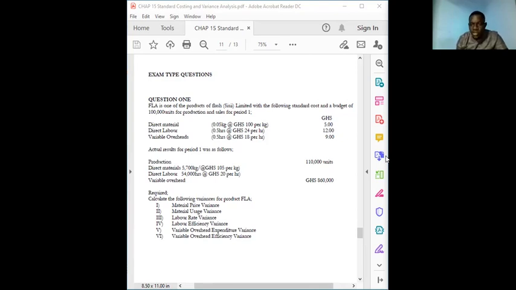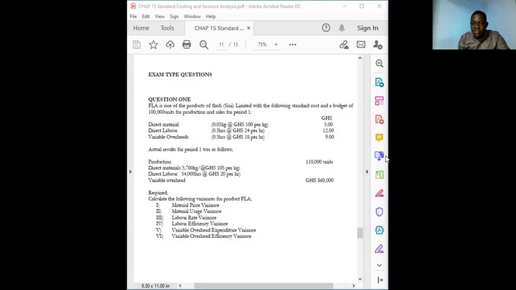So for material price variance, you can see that we bought the material at a price higher than the standard. The difference between this and that gives us 5, which is an adverse variance because we bought the material at a price higher than what we had planned. So the actual is higher than the standard. That gives us an adverse variance times the quantity, 5,700.